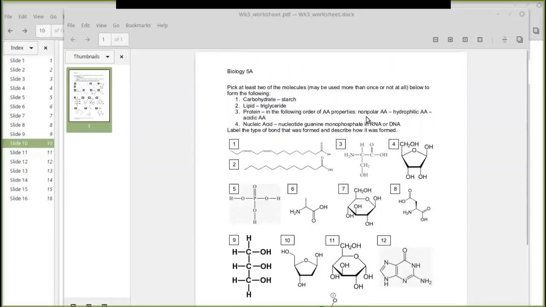Which one of these amino acids would be our non-polar amino acid?